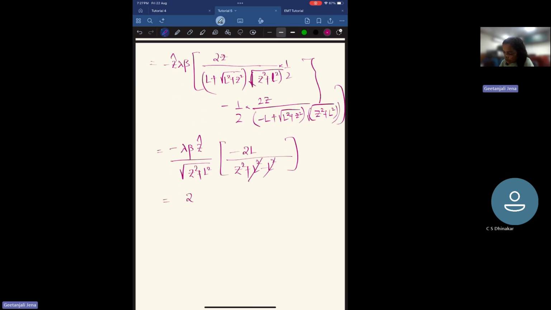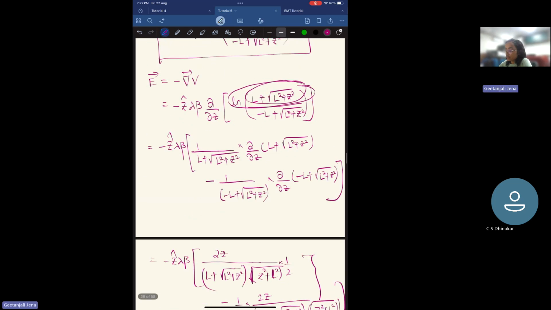We will get finally 2 lambda L by epsilon, z square root z square plus L square, z cap. Okay, so this will be the field expression for the line charge density.